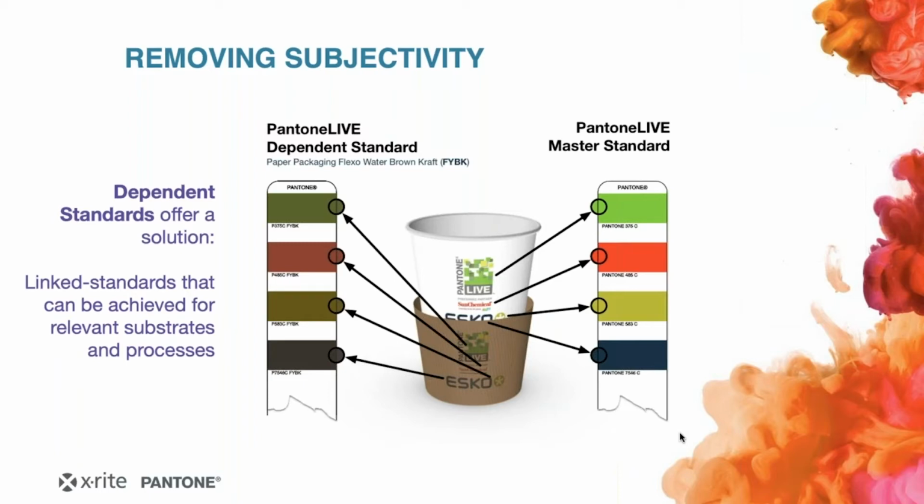Their ink guides can get within about 1 delta E of that, so they have much tighter consistency across their production. So instead of providing the ink companies with something that's unachievable and have them just do the best they can and create a whole new standard, we're going to give them an achievable standard that's already linked to that master standard.